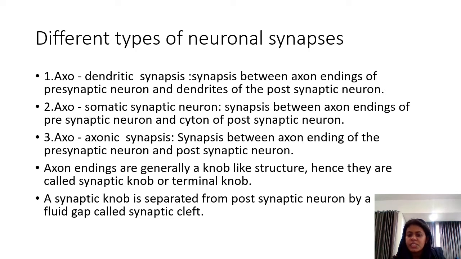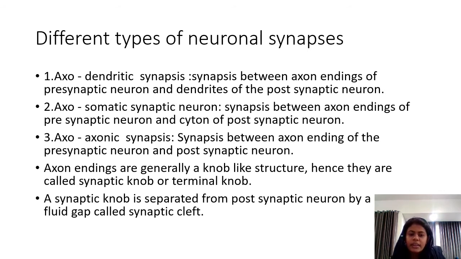That means the synapse between the axon ending of a presynaptic neuron and the axon ending of another postsynaptic neuron. Here the synapse is between two axons, a presynaptic axon and a postsynaptic axon. That kind of synapse is called an axoaxonic synapse.